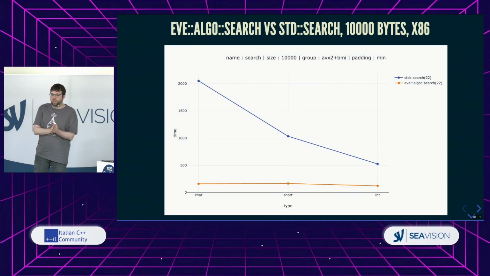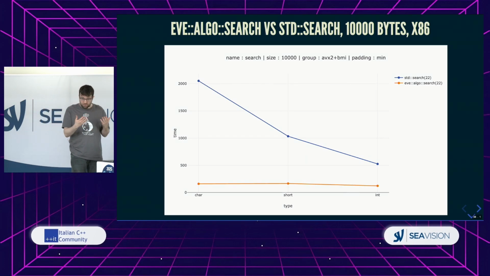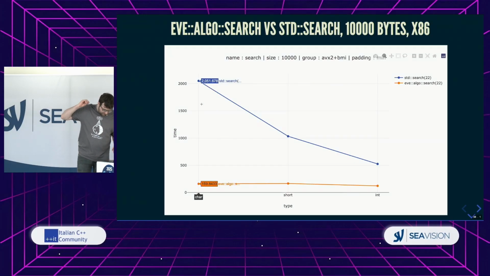What about if you want to search something that is not just a substring, but some predicates? So this is a benchmark of if search versus std search. For chars, I'm going to say, well, it's less than 20 times. Let's say 16 times faster. For shorts, it's about 8 times faster.